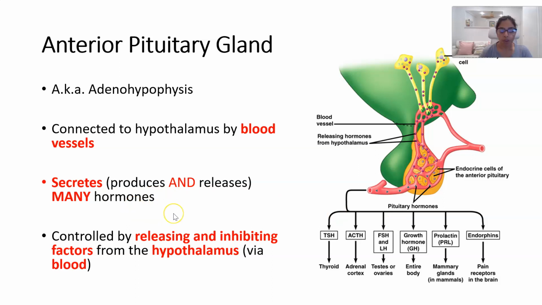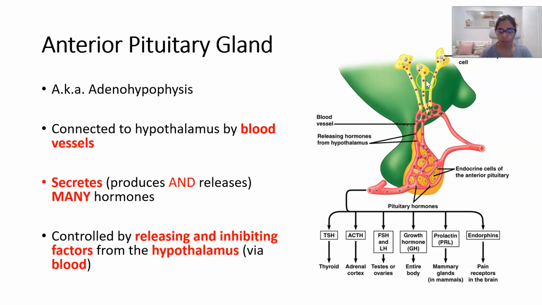How much or how little of these hormones are secreted by the anterior pituitary gland is completely driven by the hypothalamus. The hypothalamus neurosecretory cells will secrete releasing factors, which will encourage the APG to secrete more hormone, or it will secrete inhibiting factors.